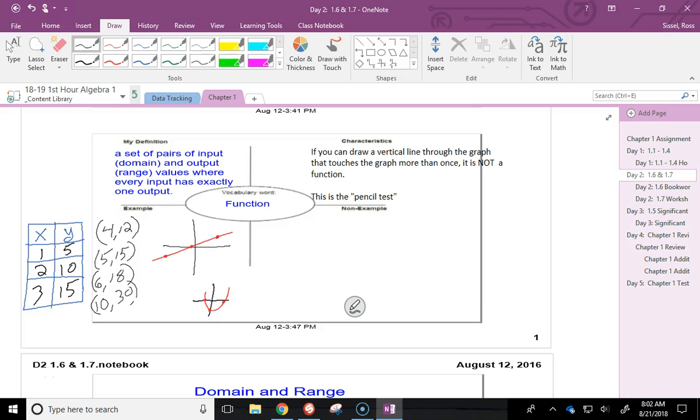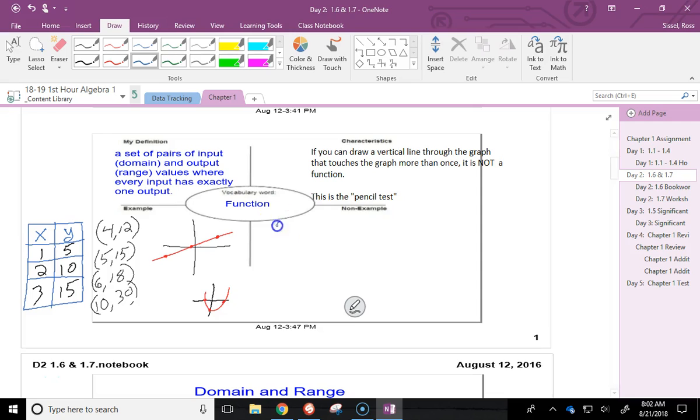Let's go ahead and look at our non-examples, which prove that this is not a function, and this will make our work a lot quicker. We'll do the first where I list the coordinates. I'm going to do these in blue to make sure we see that there's a difference.